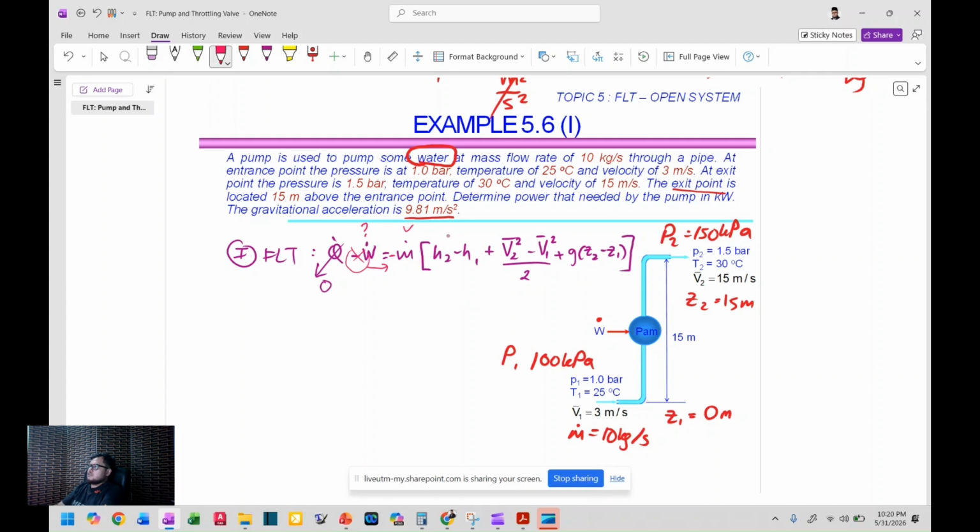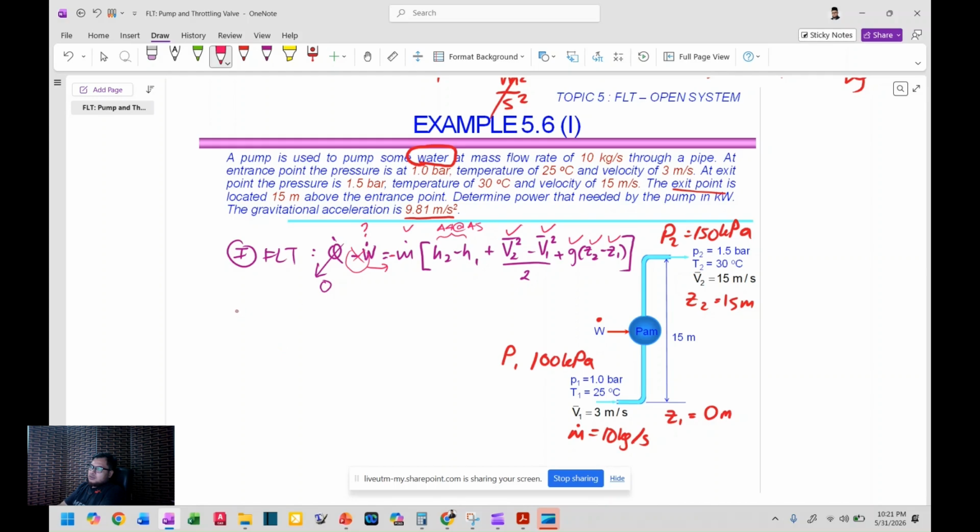So this is from either A4 or A5. And then we will have velocity for V2 and V1, and also G and Z2 and Z1. So everything is there, right? So the only thing we need is H2 and H1, and then we are good to go.